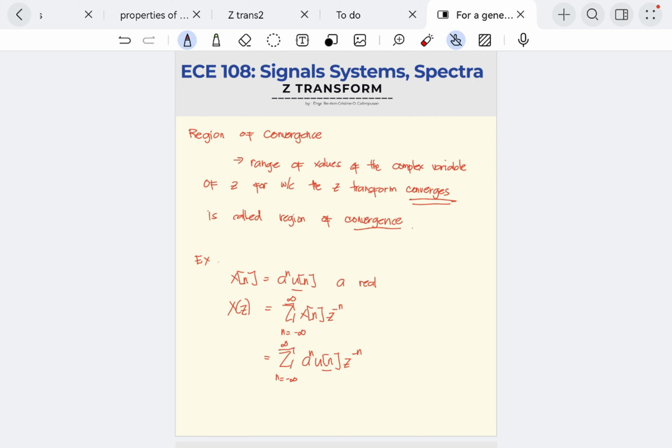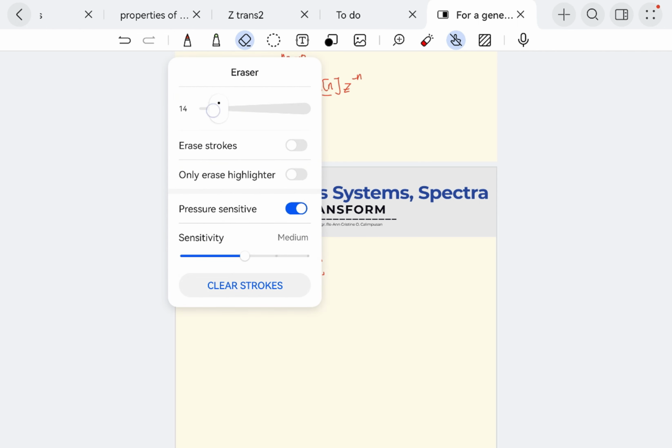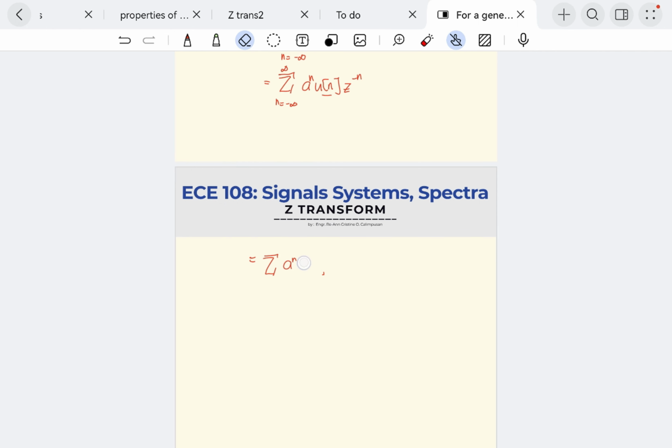But we have u of n, which is a unit step function. From the definition earlier, a unit step when n is less than 0 is equivalent to 0. So we erase u of n and just get the range of values of n.